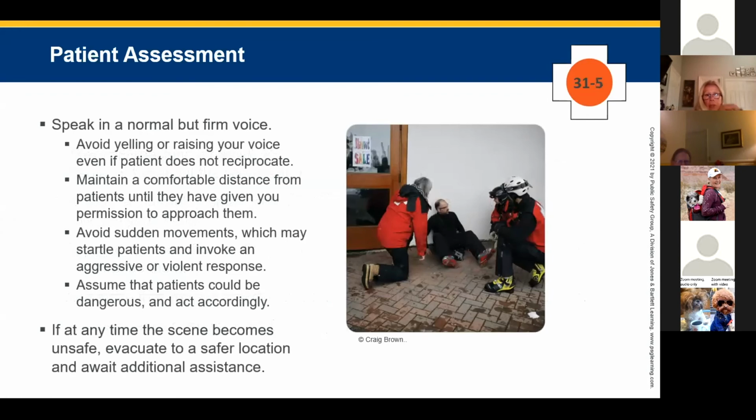Speak in a normal voice, but firm. Don't yell unless he can't hear you. Maintain a comfortable distance, always. Now look at this guy sitting there. Now look at these patrollers. That's a little scary, wouldn't you say?